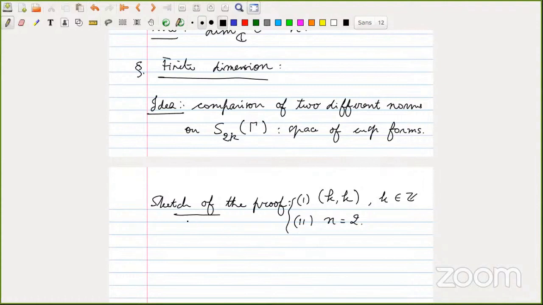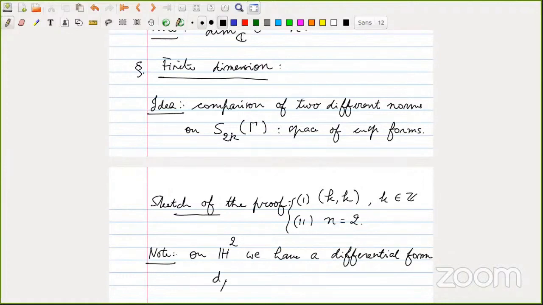So the first thing to see is that on H^2 we have a differential form mu, which I can write as dx1 dy1 by y1 squared, which is the only first factor we have in the case of elliptic modular forms, times dx2 dy2 divided by y2 squared.